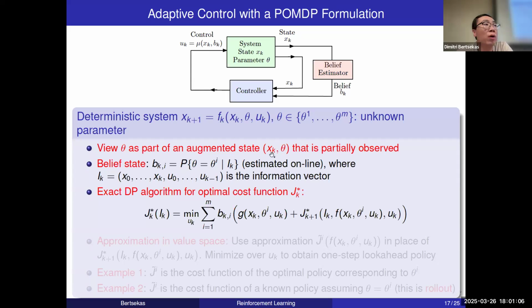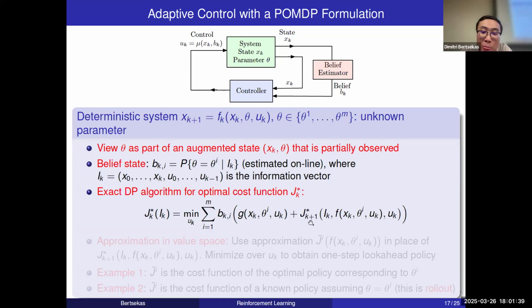This is a finite horizon optimal control problem. As a result, the exact dynamic programming algorithm in principle can be applied, whereby we use as state the information vector ik, and at the given information state ik, we minimize over the control uk, where the right-hand side of Bellman's equation looks like this.